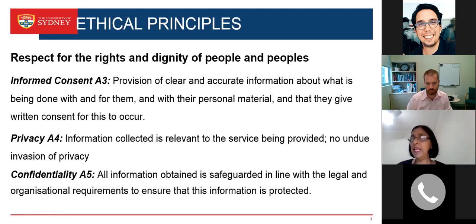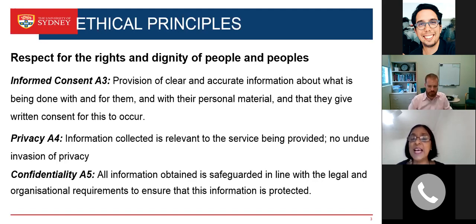So in our informed consent discussion, somewhere in there we're going to be talking about the fact that we will keep notes and records, because that's the only way we can demonstrate that we've provided a service to that person. But what we include in there touches on the next point, privacy and confidentiality.